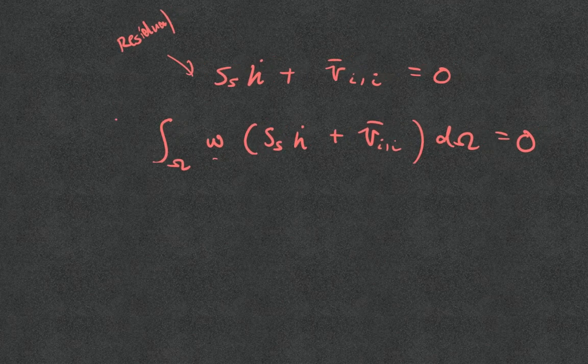You have something, you add a weight there, it becomes a weighted residual, and you add the integrations. Let me work out the details, and the rest is a very mechanical process, and that mechanical process always includes integration by parts.